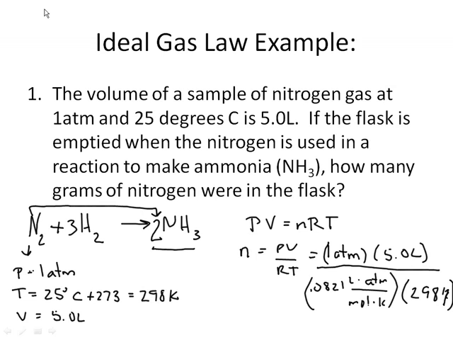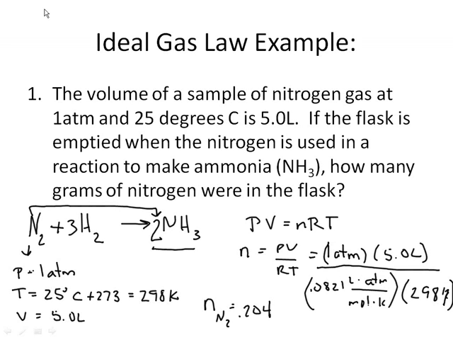And then I just have to put it into my calculator. So 5 divided by 0.0821 divided by 298 gives me the number of moles of nitrogen as 0.204. And actually, yeah, that's probably a good number of significant figures.